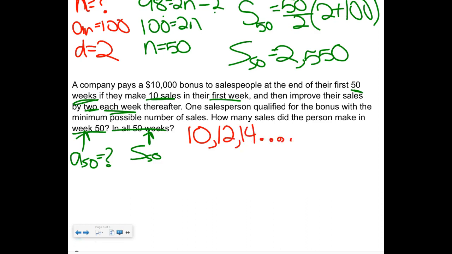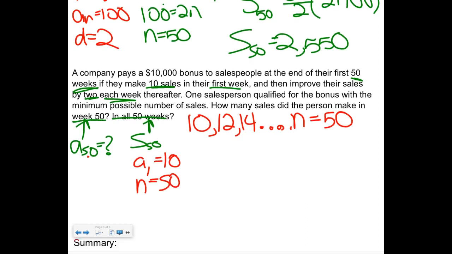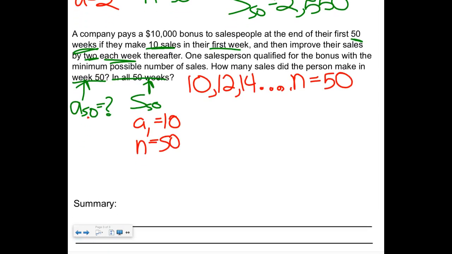We don't know our last term. That's what we're trying to find. That's that A50. But we do know it lasts for 50 weeks. So we know it's going to be N equals 50. Okay, so again, this should look like one of our equations from before. So we know our A1 is 10. Our N is 50. We are trying to find our AN. And our pattern here, they're adding 2 every time.